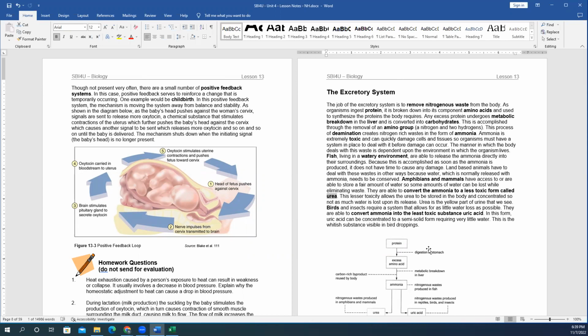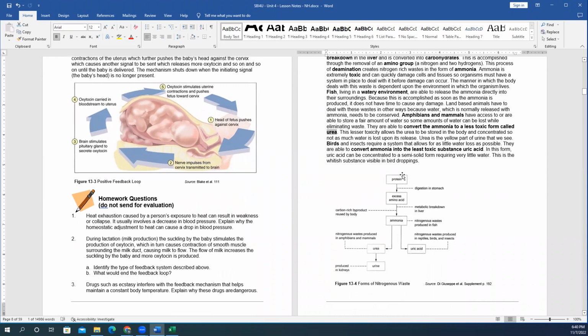And this uric acid can then be concentrated to the point of forming an almost semi-solid form that requires very little water. And this is the whitish substance that you see when you look at bird droppings. If you see bird droppings, they're kind of white, they're kind of thick, they're almost semi-solid. And this is mostly made out of uric acid.